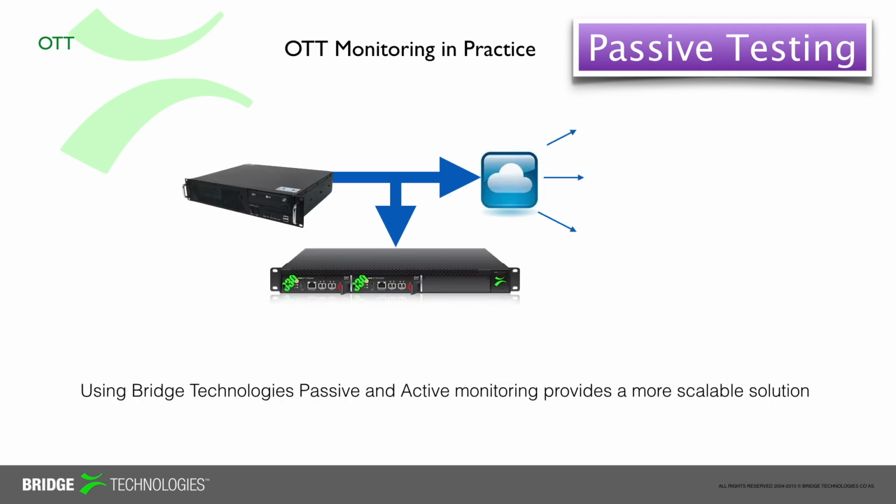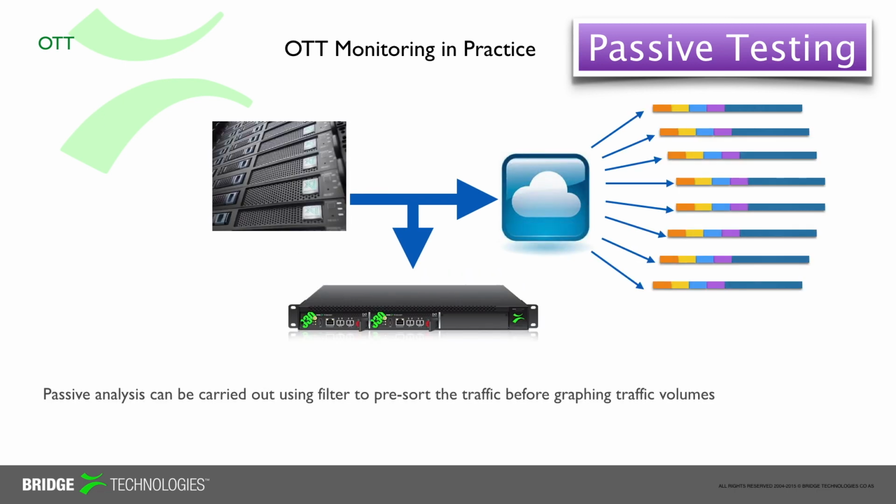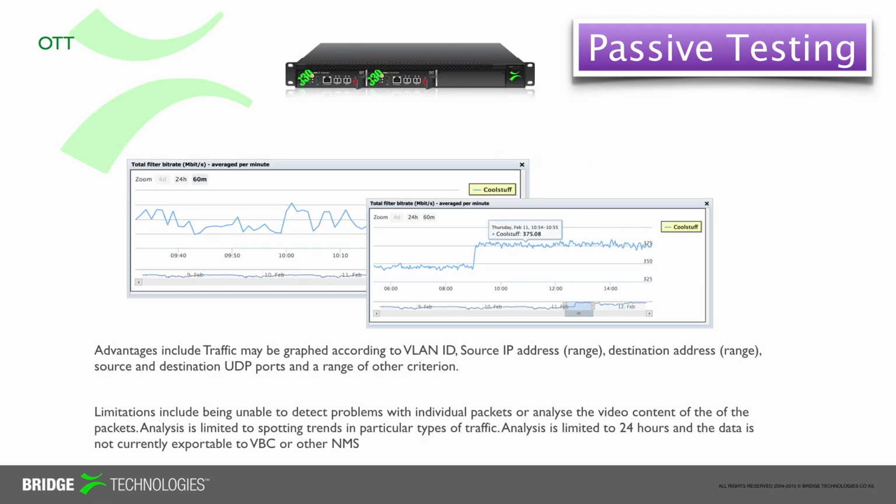We do have the ability to do some passive monitoring in a Bridgetech probe, and I will explain that and show you it live on a probe itself. So we can filter the traffic on an interface, and this gives us the ability to filter out traffic coming from a particular server or filter in traffic going to a particular range of destination addresses.